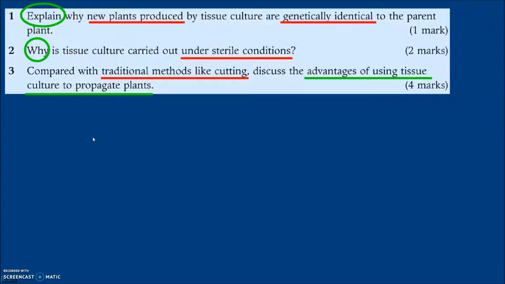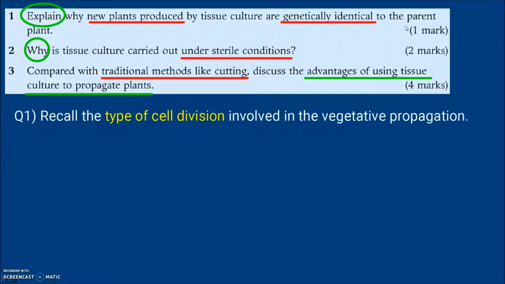For the questions, question 1 is the easiest one. Explain why new plants produced by the tissue culture are genetically identical to the parent plants. The hint is the type of cell division involved in vegetative propagation. Question 2 and question 3 are a little bit more difficult. You need to think about them more. For question 2, why is tissue culture carried out under sterile conditions?